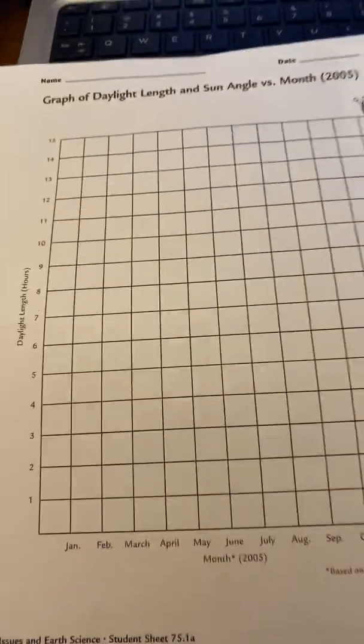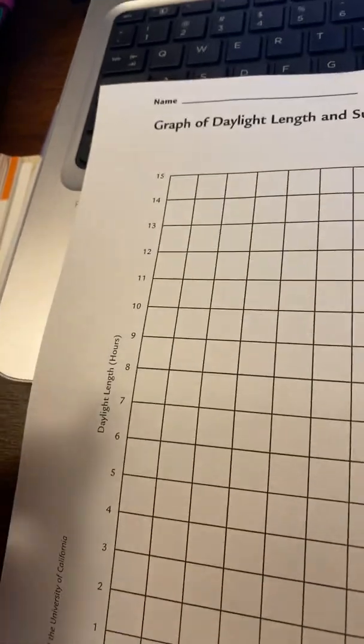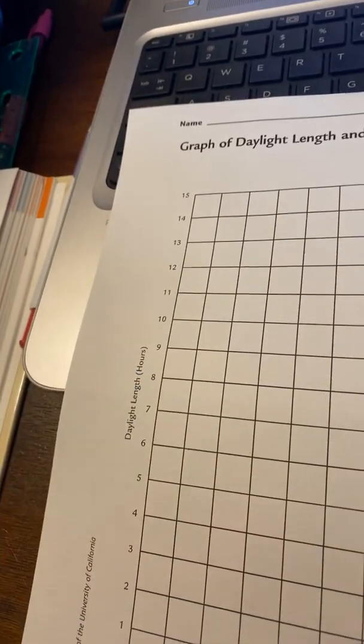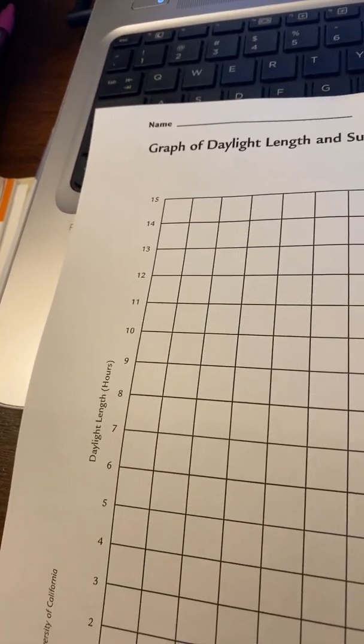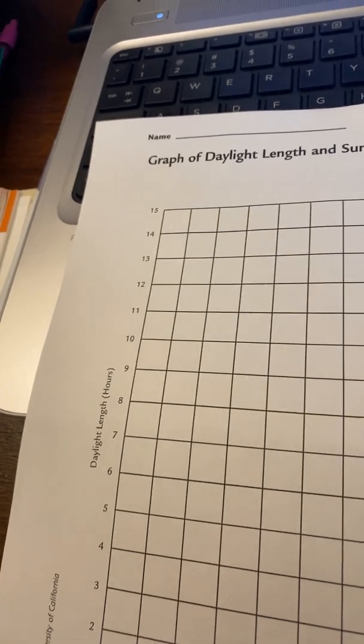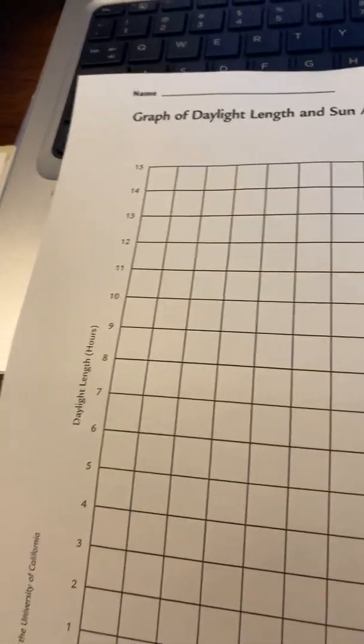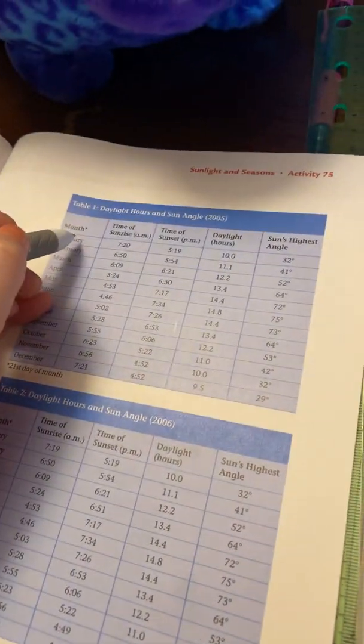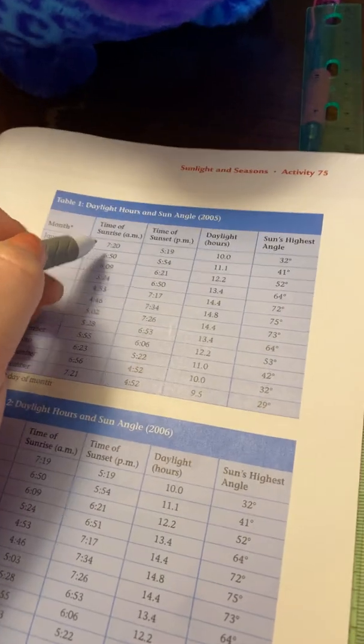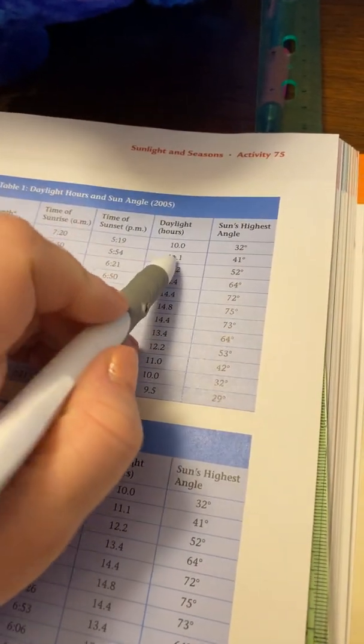Sorry about that. So you're going to have two different line graphs going at the same time. I'm going to use my fancy multicolored pen. So let's do daylight length in blue. I'm going to go to January and the daylight length is 10 hours.